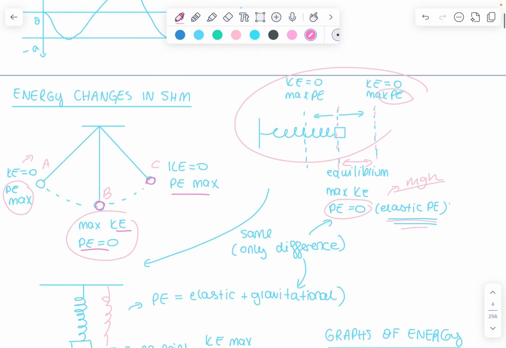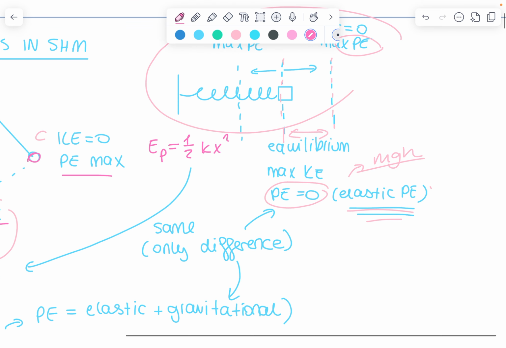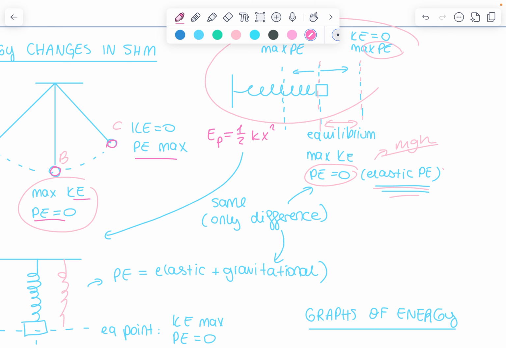And for springs, elastic potential energy is given by this formula. I forgot to write it in the notes. So this is the formula of the elastic potential energy. And notice how displacement is squared, meaning that potential energy is always positive.